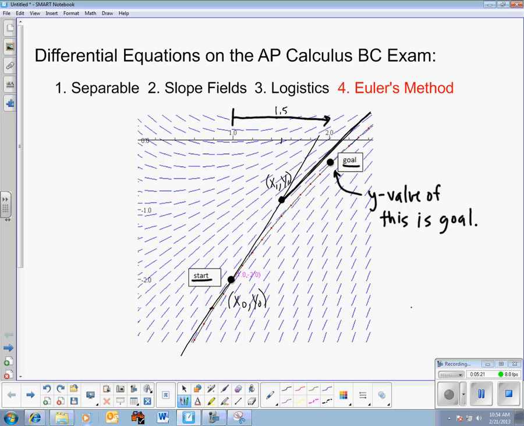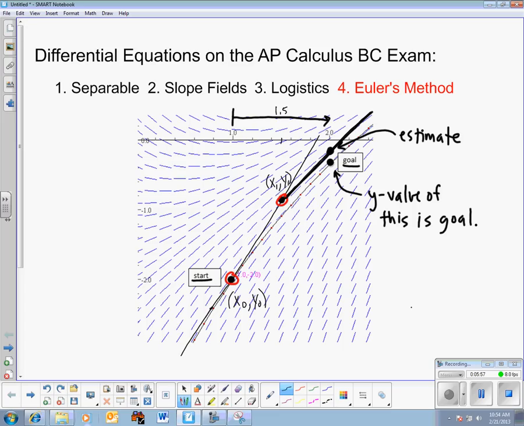As you move one half of a unit from starting point to middle, you started out on the perfect slope, but you got off track because the slope is changing and we're moving along a straight line. So the GPS goes off, it says recalculating, and we get a new slope. Then we follow that new line that we've made. Since this is just a two-stepper, we're going to follow it to 2. So if our goal is the y value of that dot, this is our estimate.